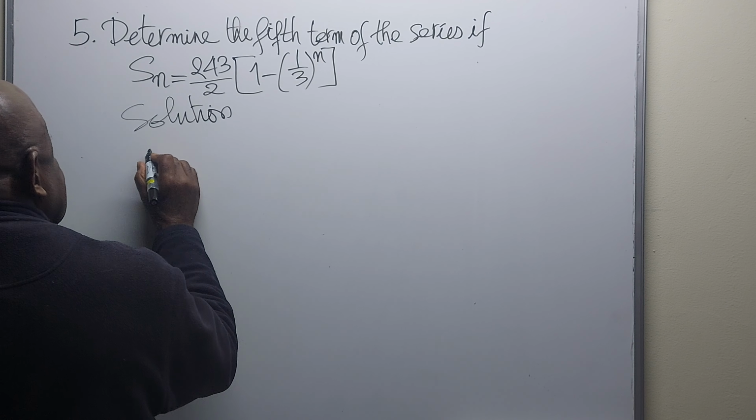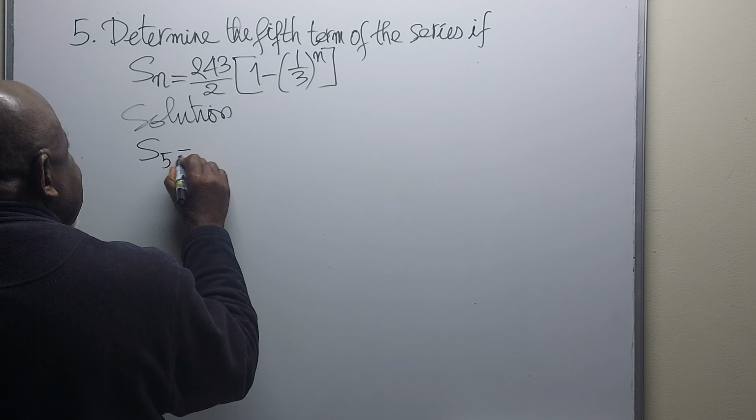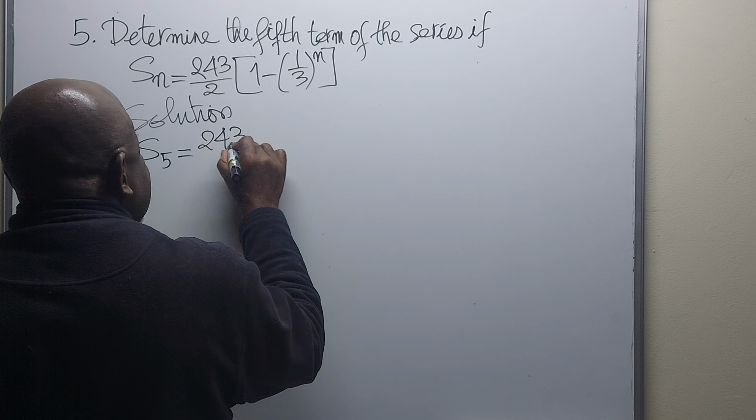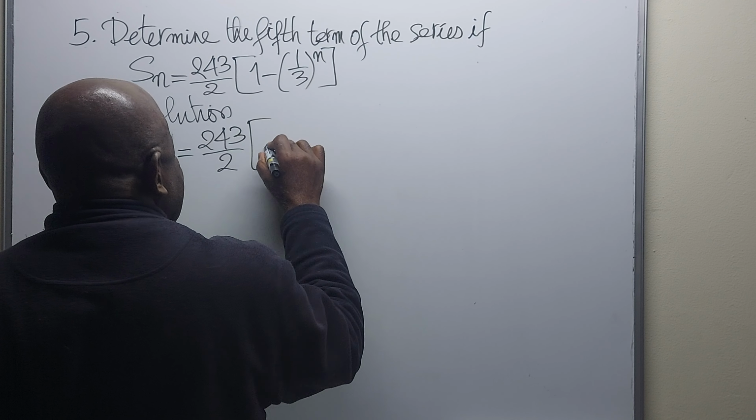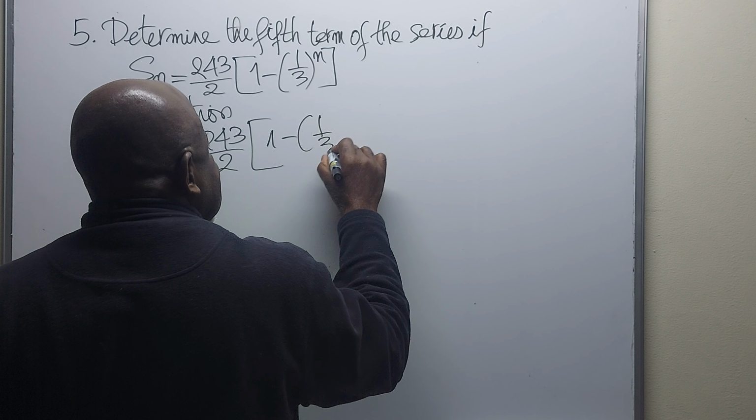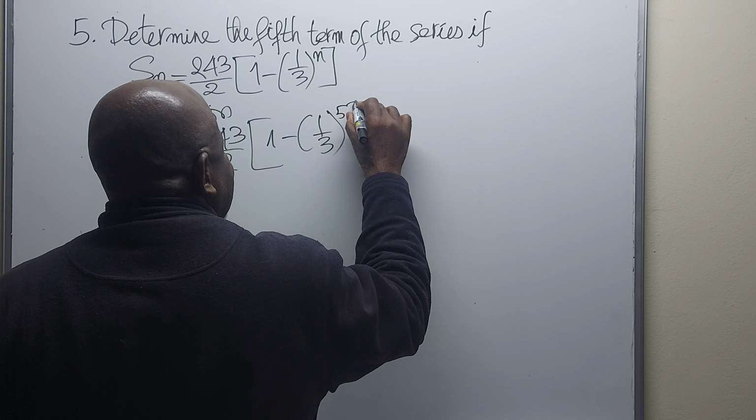So we'll start by getting S5. S5 will be equal to 243 over 2, 1 minus 1 over 3 to the power of 5.